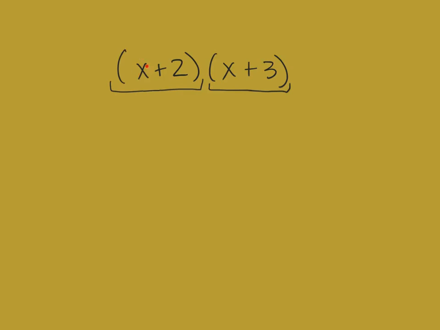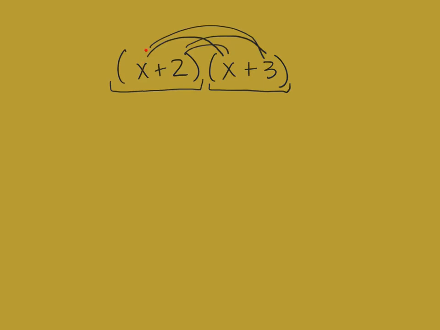Now we just have another term that we also need to multiply by the other set of parentheses. So we would do 2 times x and 2 times positive 3, but we also need to multiply this x times everything inside the other set of parentheses. So x times x and x times positive 3. So that way everything inside this set of parentheses is getting multiplied by everything in this set of parentheses.